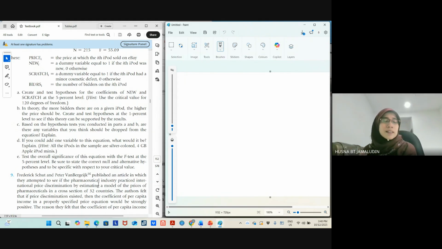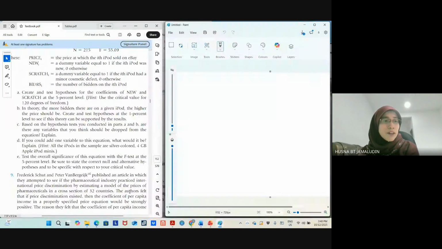So they want to check whether this industry has practiced price discrimination, by estimating a model of the prices of pharmaceuticals in these 32 countries.